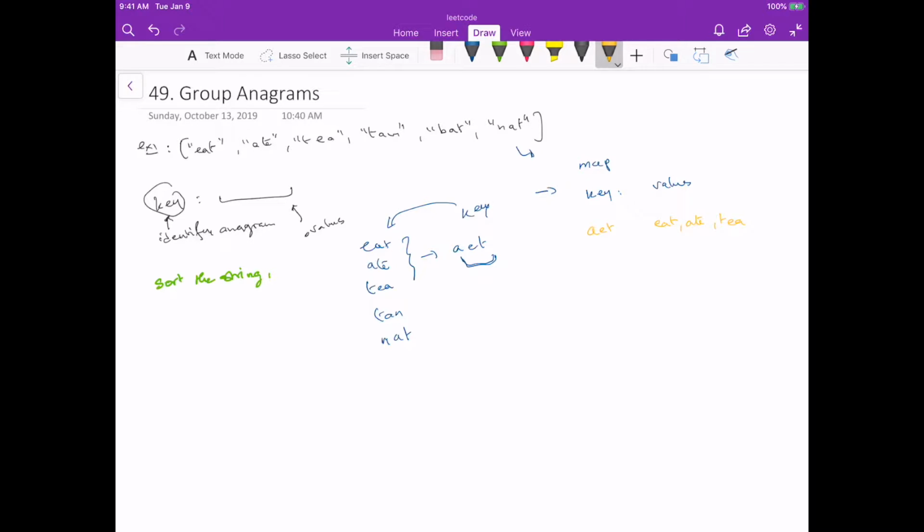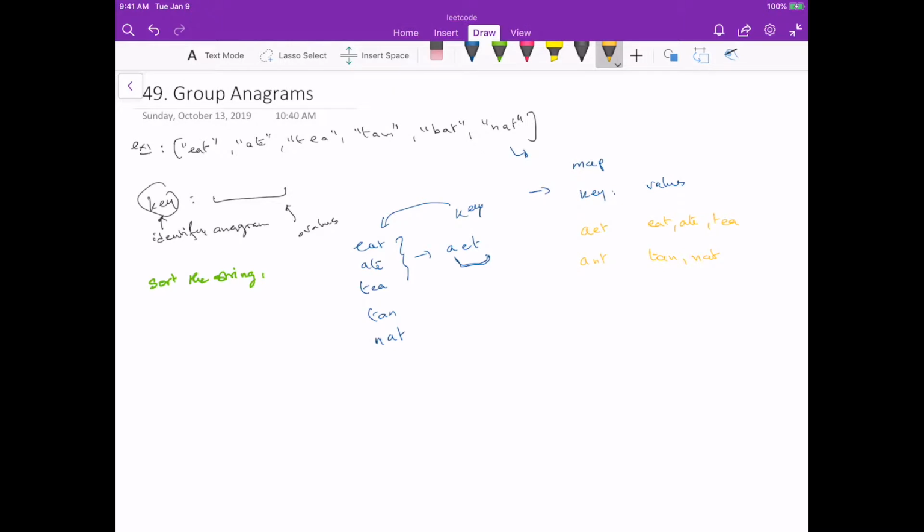And then for tan, it would be A, N, T, or something like that, and for bat, it would be ABT, and we would have only that one. And so to find the solution, we can just return the list of values here, right? So that's one way to do it.